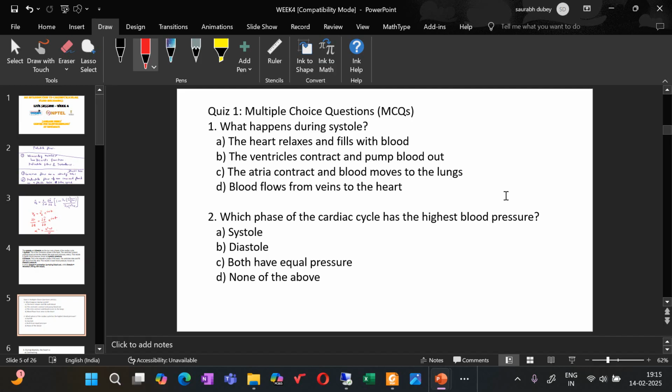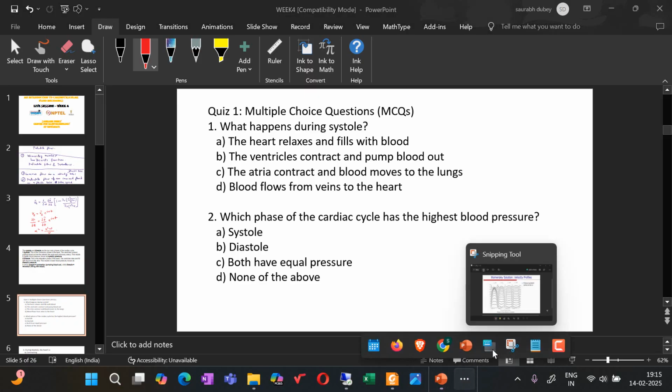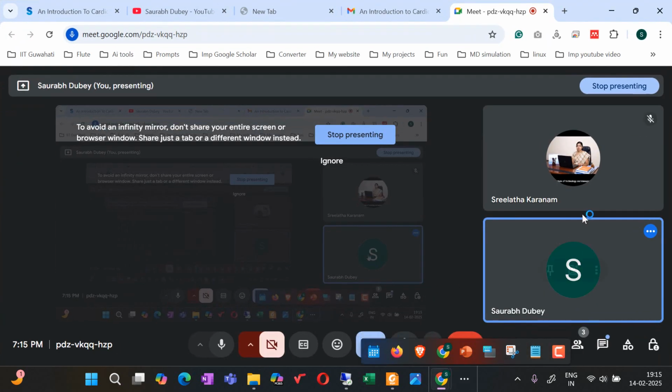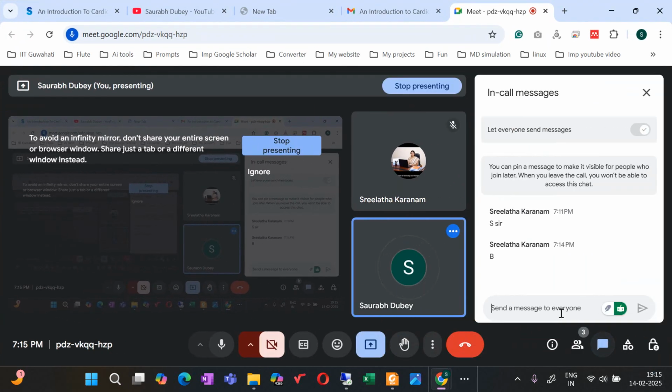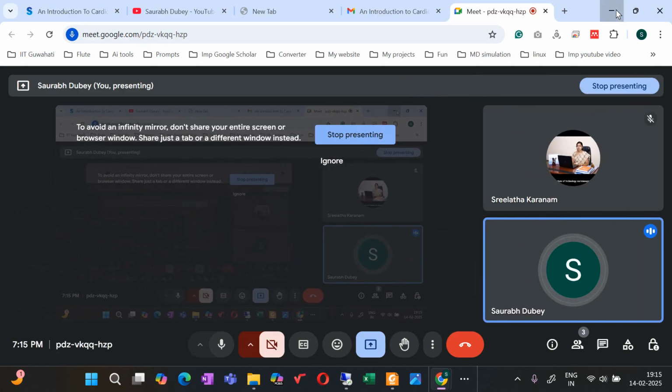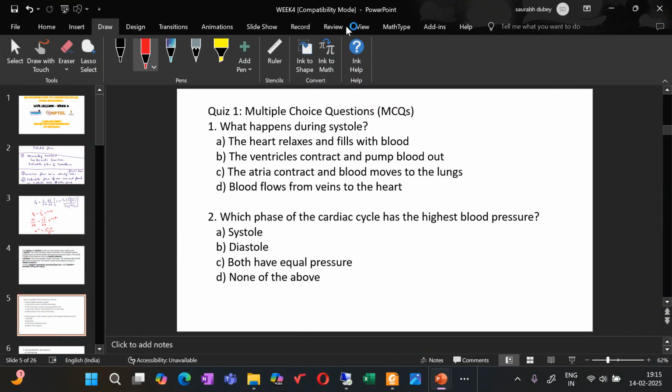We will be solving 25 to 30 questions. Ma'am has solved it, I think. Option B, ma'am is saying, right? The ventricle contracts and pumps blood out.